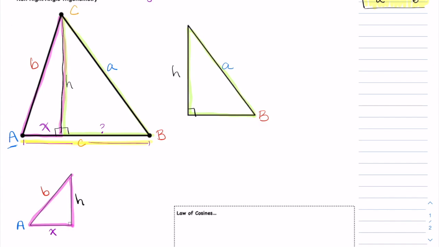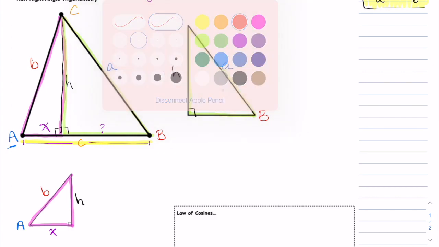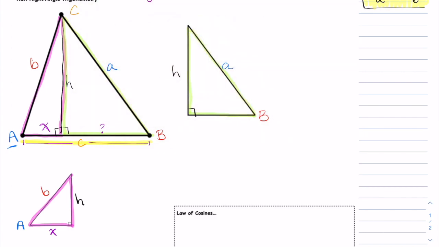right? So to kind of illustrate this, I'm going to do a little red example. Let's say we knew that the whole distance of the bottom was 20. And let's say I knew this little piece right here was 5, right? You probably would be able to figure out that this piece here is 15 because it's the same as 20, the whole, minus the small piece that I know, right?